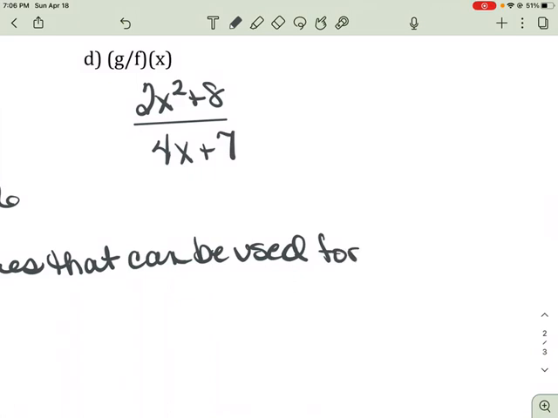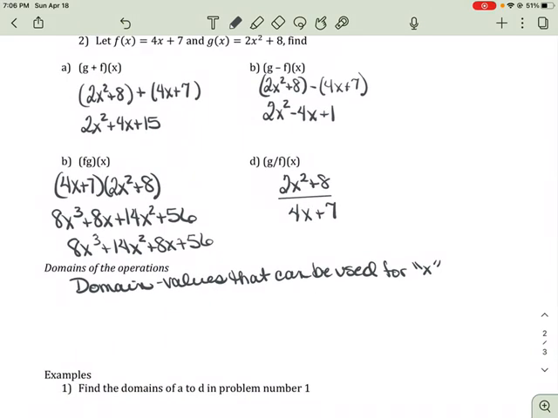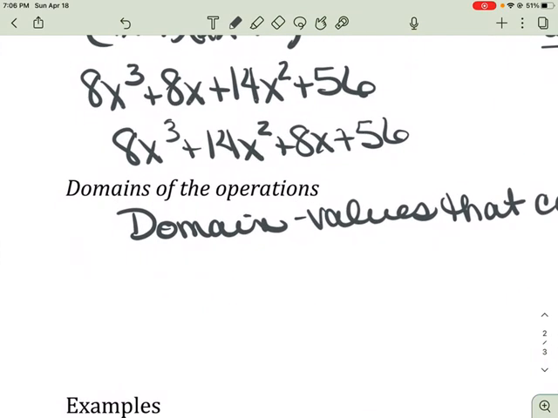Let's say values that can be used for the x value, the input value. Okay. Now we did work on domain and range when we did quadratics a while ago, and we didn't really do anything with polynomials with that, did we? Domain. No, we didn't list the domain and range. But we did talk about turning points and things like that. So let's talk about domain with our operations.